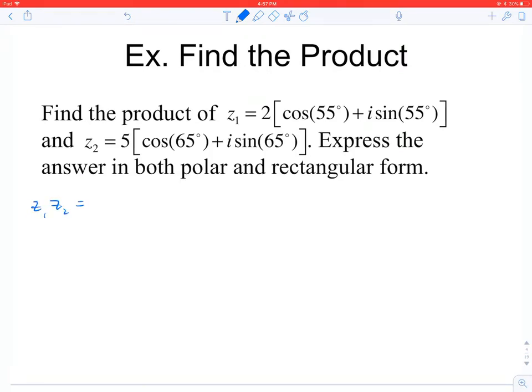Now, let's do an example where we're actually finding the product. If we want to find z1 times z2, the product of these two complex numbers, we're going to multiply their magnitudes, and then we're going to add their angles.